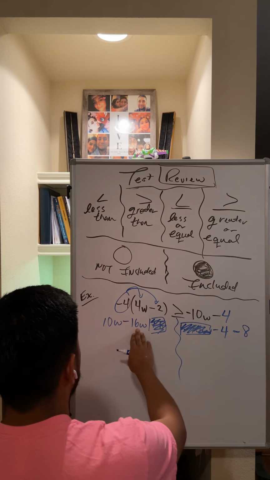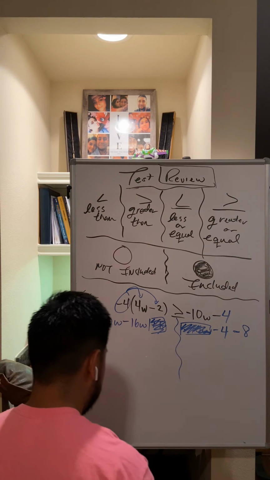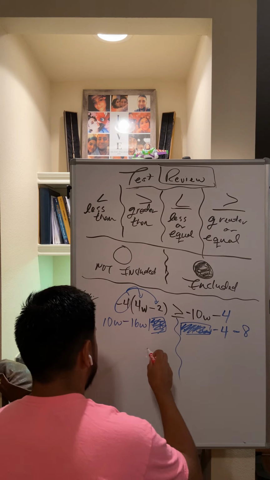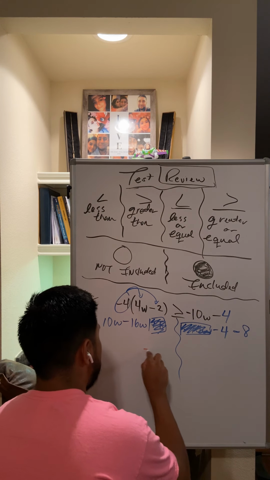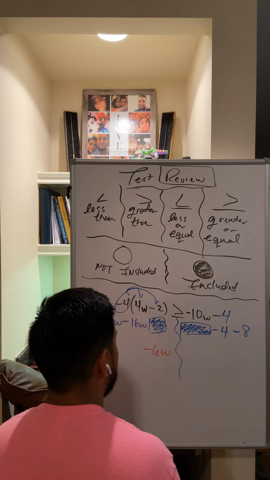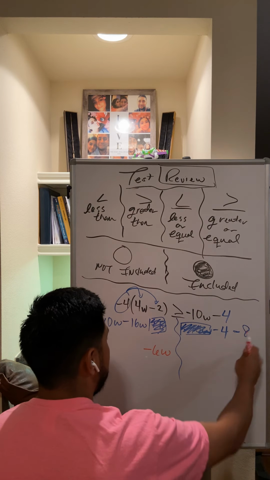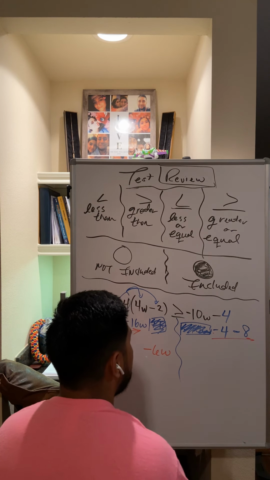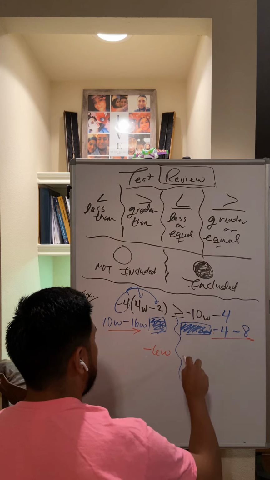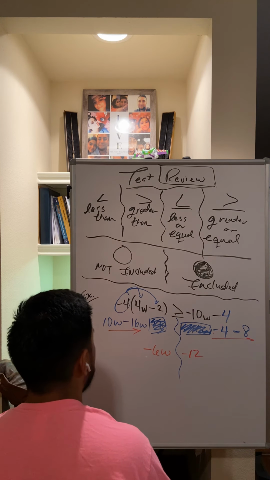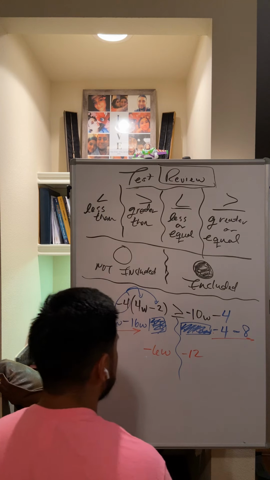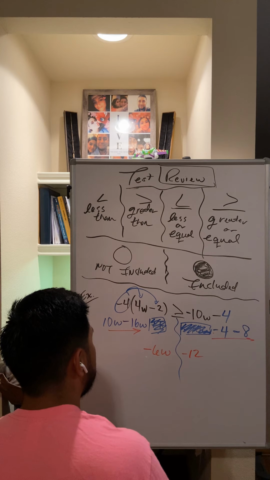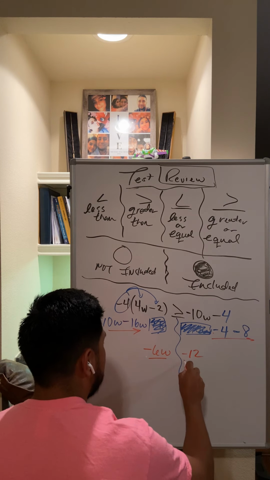Okay, work this out. 10 minus 16, in your calculator, please. That gives me negative 6w. Negative 4 minus 8 gives me negative 12. Last step, divide.